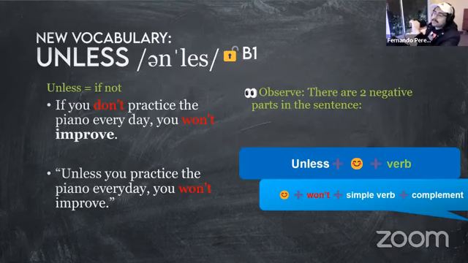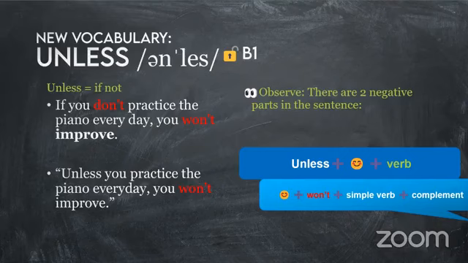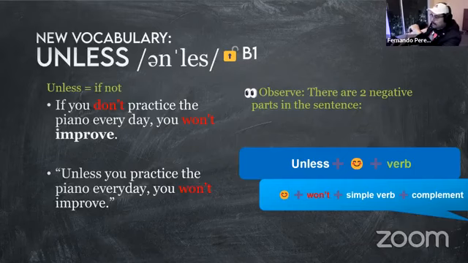Good. What about Charlie? Give me one. Give me an unless example. What won't happen tomorrow?